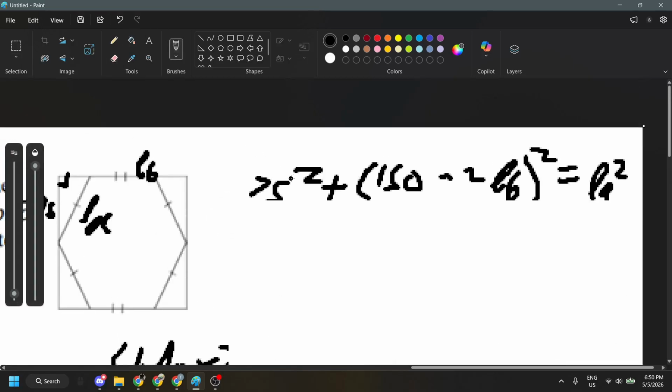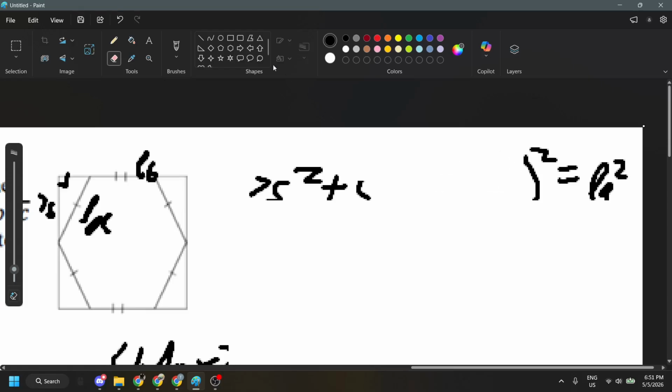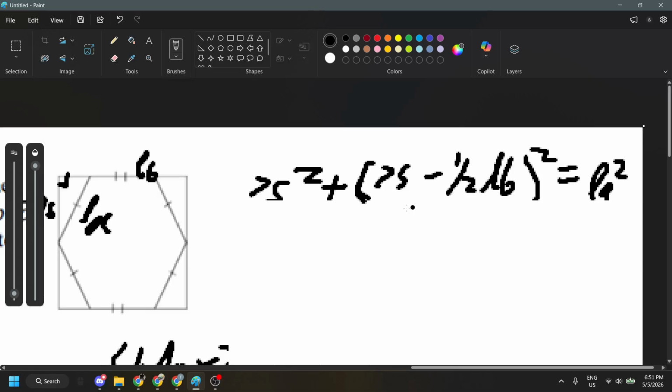This is 75 squared plus 150 minus LB over 2, so minus 75 minus 1/2 LB.